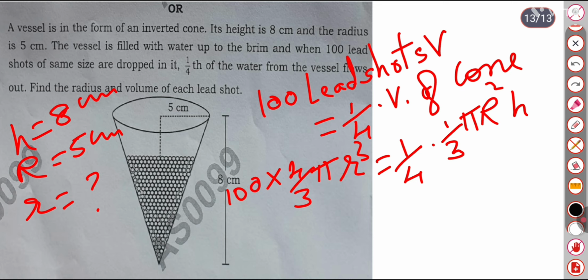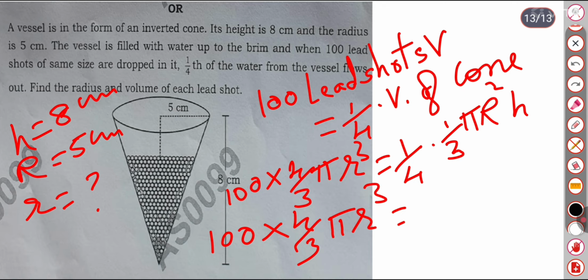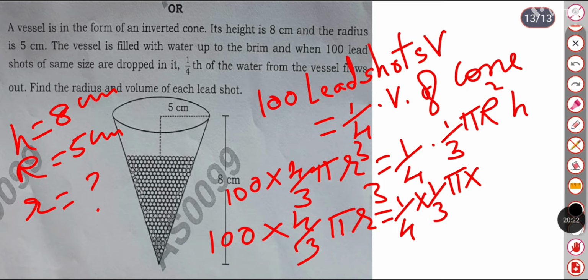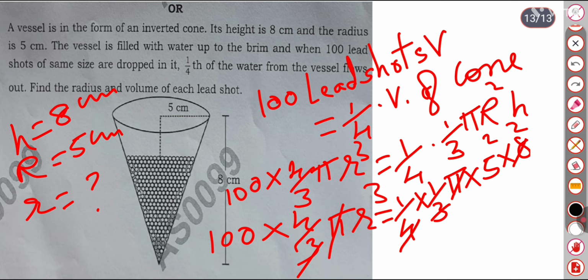So we'll substitute: 100 into 4/3 pi r cube is equal to 1/4 into 1/3 pi, capital R is given, that is 5 square, into 8. Now 3 cancels, pi cancels, and 4 ones are 4, twos are 2. 4 into 100 is 400.